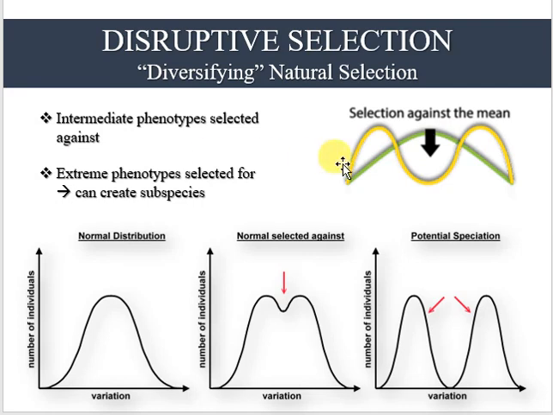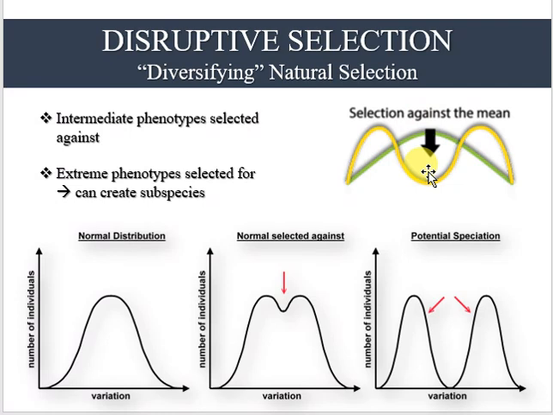So again, instead of selection occurring at that average trait or intermediate phenotype, it's occurring at your extreme ends. You're selecting against the intermediate phenotype.